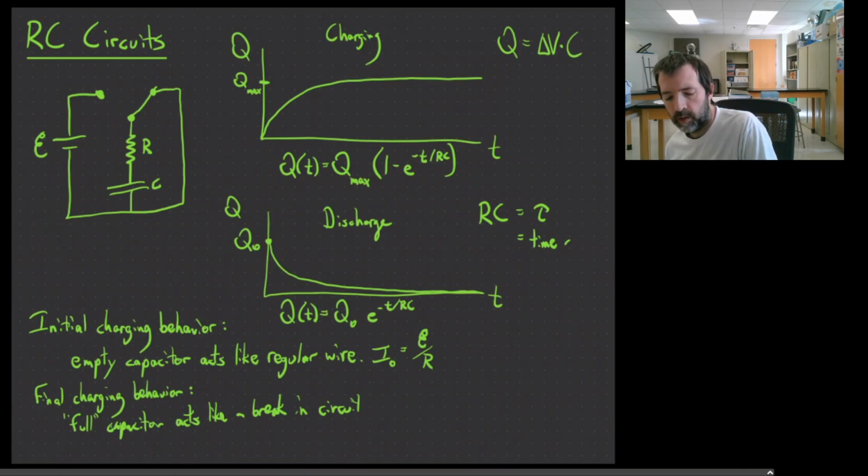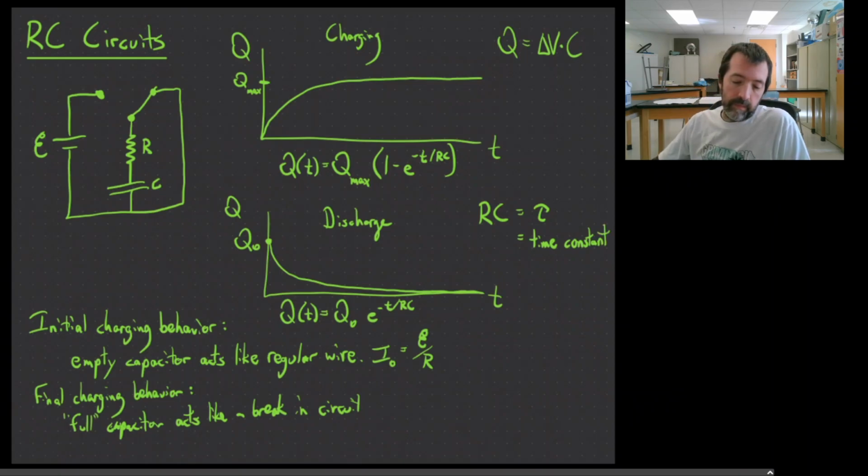RC is the time constant of the circuit. So the idea is that when little t is equal to the time constant, when little t is equal to RC, then you have e to the negative 1.